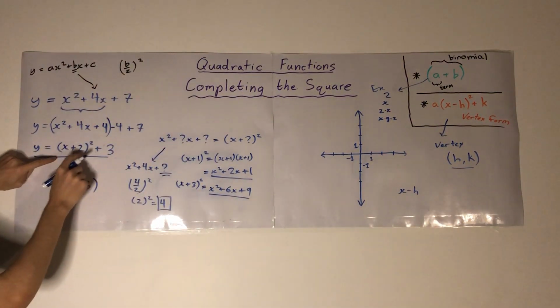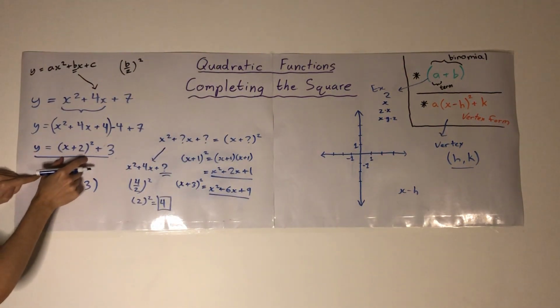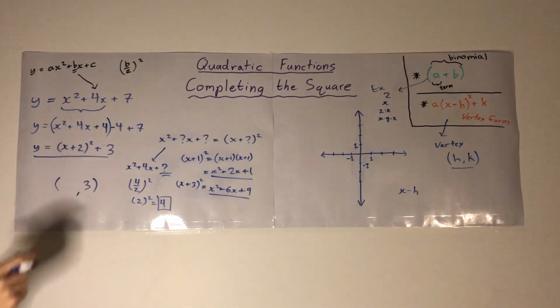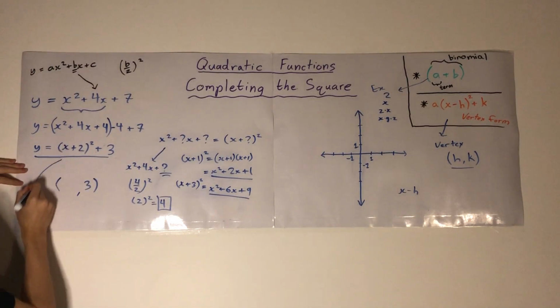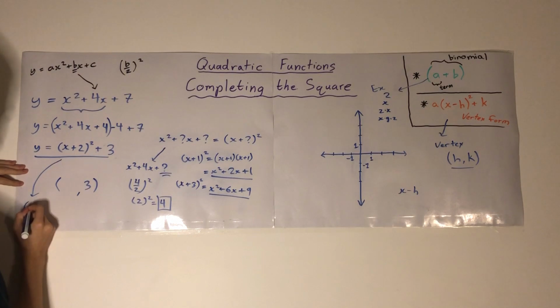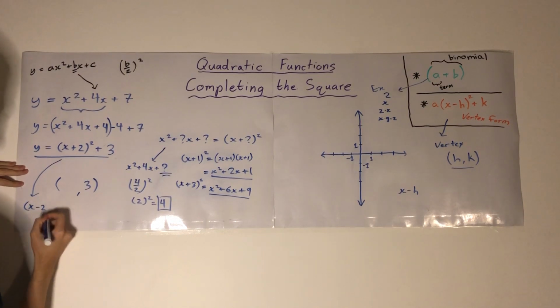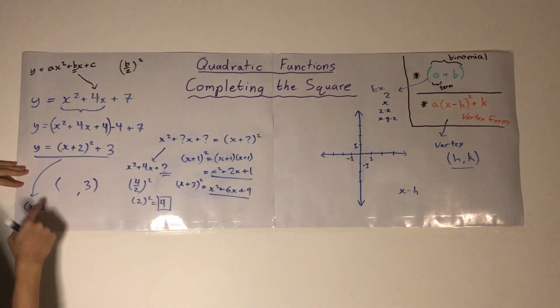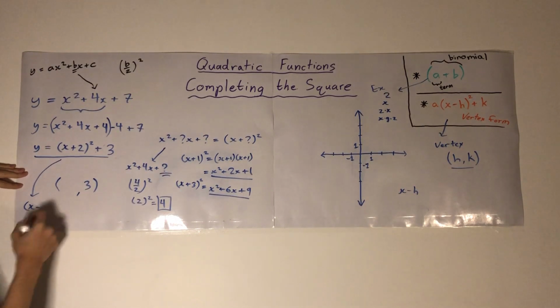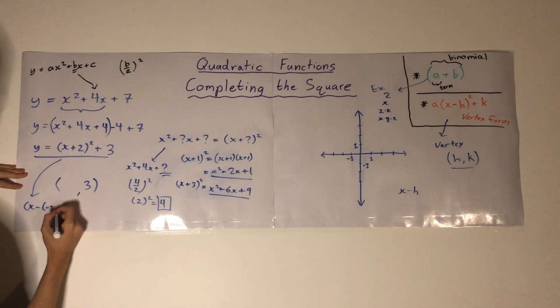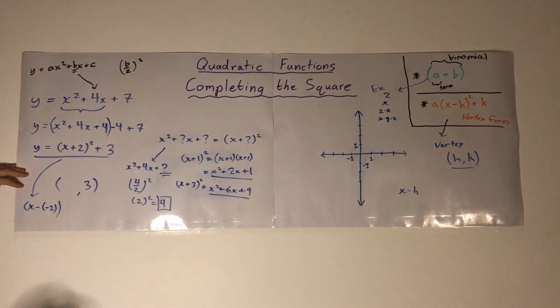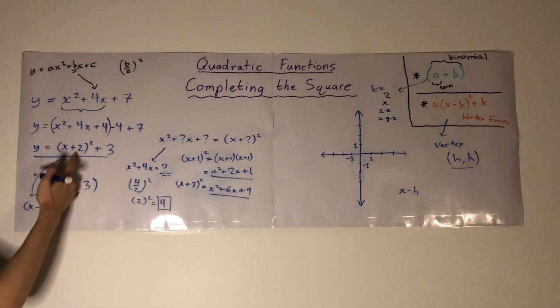So what's inside this parenthesis can be rewritten as x minus -2, correct? This is another way to say x plus 2.